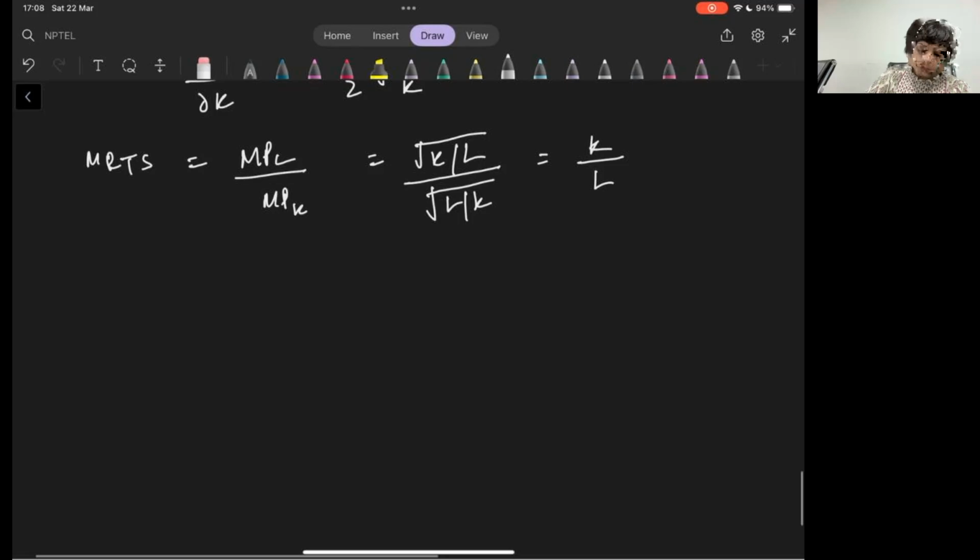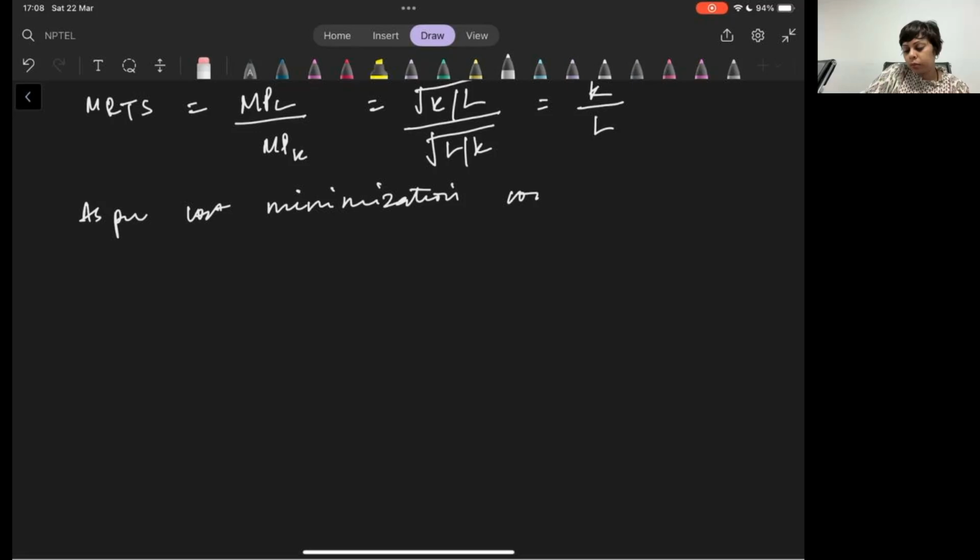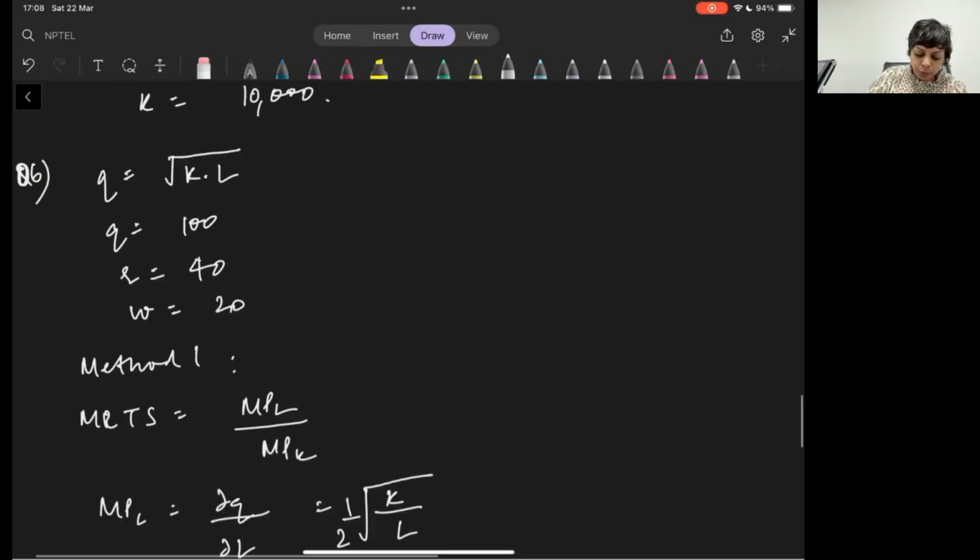And like I said, as per the cost minimization condition, MRTS is equal to W by R is equal to K by L. Now we are given W and R, so we can compute this.